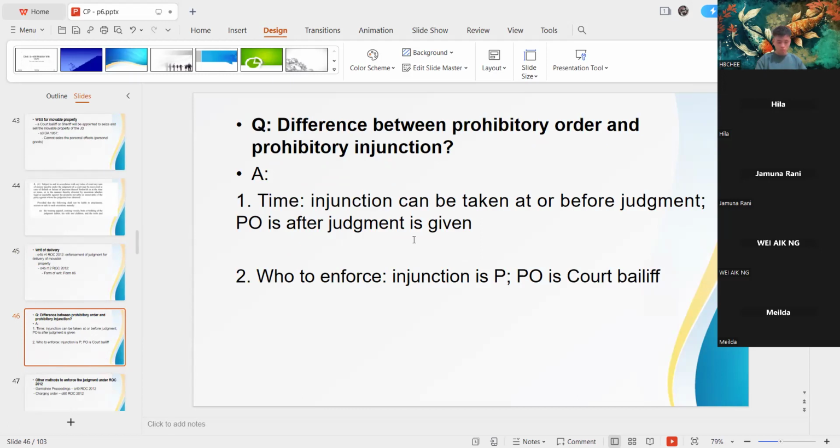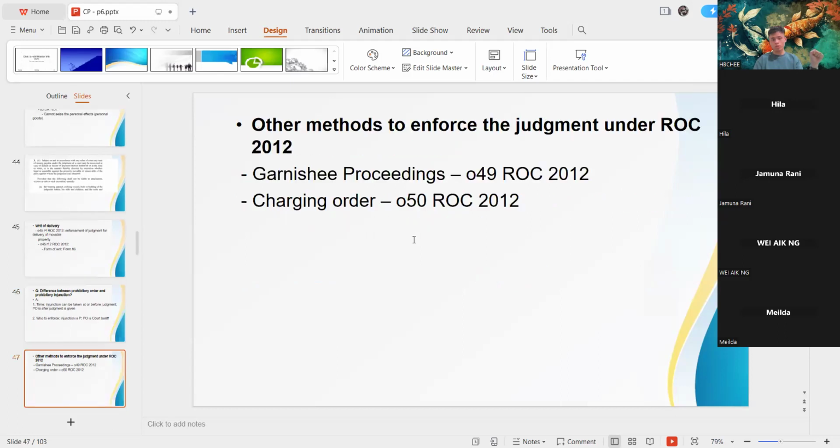But a prohibitory order is after the judgment is given. Then, who enforces the injunction is the plaintiff, but the prohibitory order is enforced by a court relief. So these are the two differences to differentiate between a prohibitory order and a prohibitory injunction.